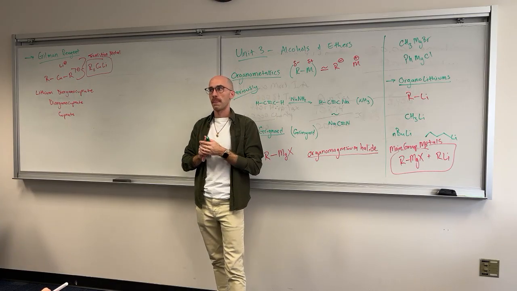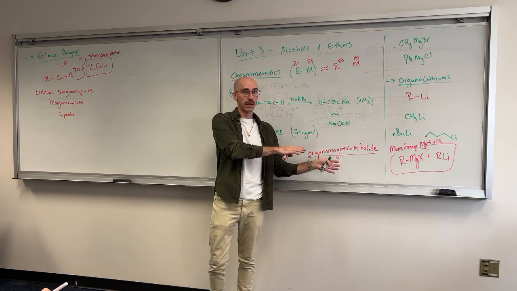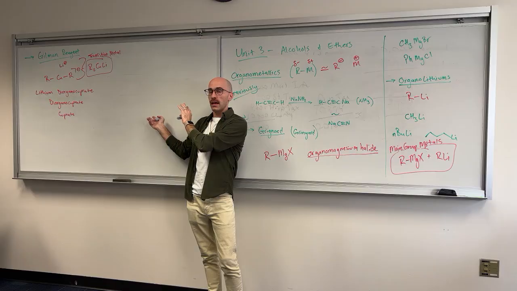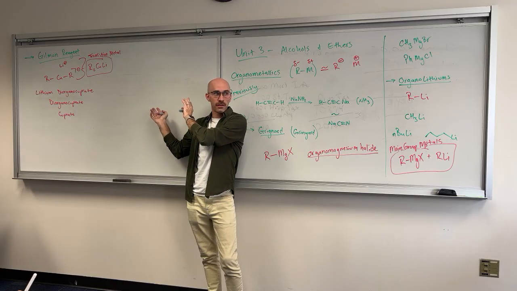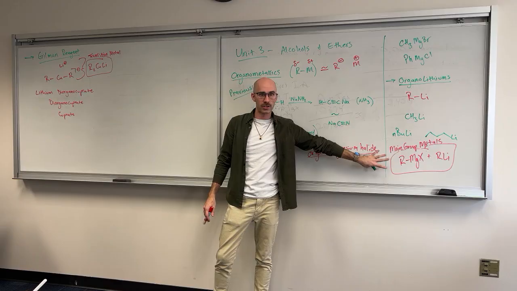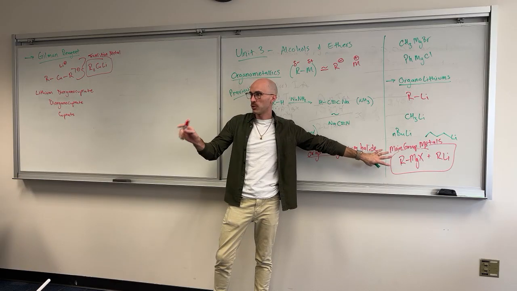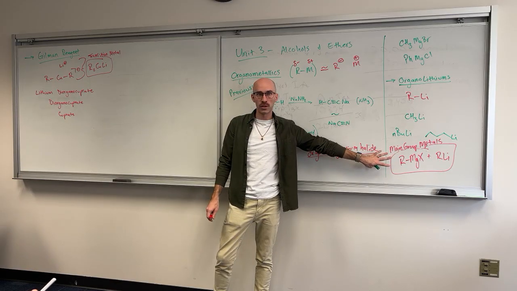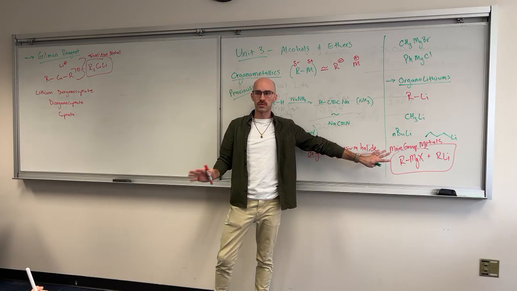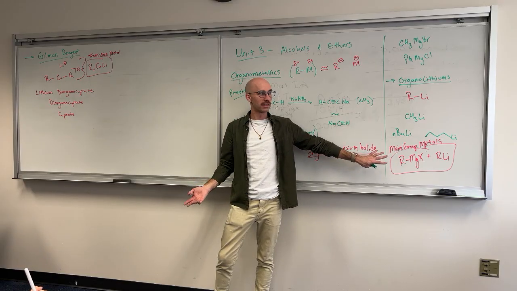And the things that the main group metals allow are not always the same as the things that the transition metal will allow. These can run all of the same reactions. Anytime you see a reaction that uses a Grignard, it could have been an organolithium. Just depends on whether you want to work with lithium or magnesium.